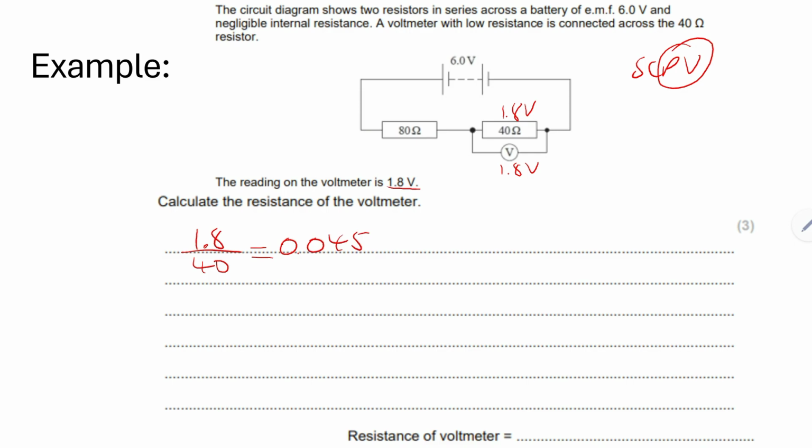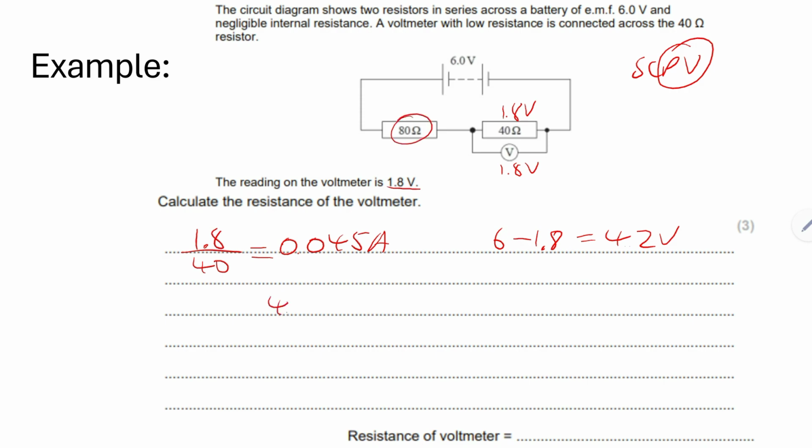0.045 amps. And now we want to find the current going through the 80 ohm resistor. So we do 6 minus 1.8, as their voltages aren't the same, and that will give us 4.2 volts, and we already have the resistance over here.